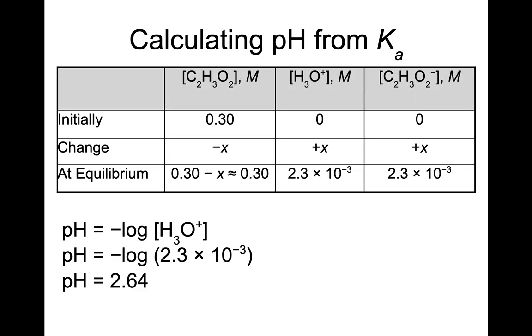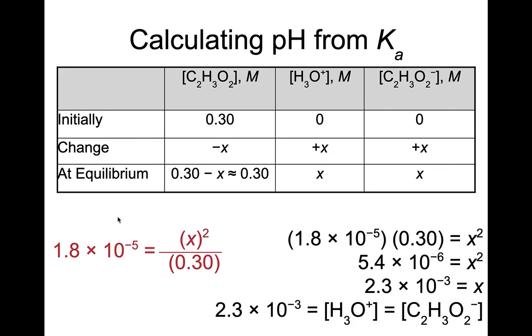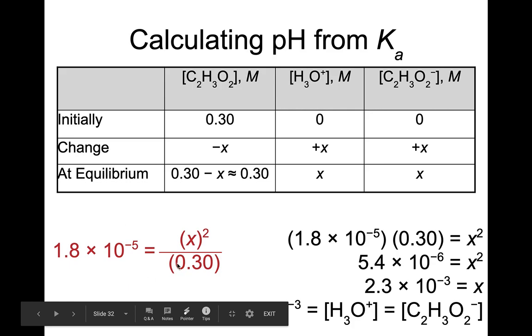So let me go back to our chart. x here came out to be less than 5% of 0.3, so this assumption was okay. If x was not going to be less than 5%, we would have had 0.3 minus x here, x and x. Let me go back one more. In this expression, we would have ended up with a quadratic equation.